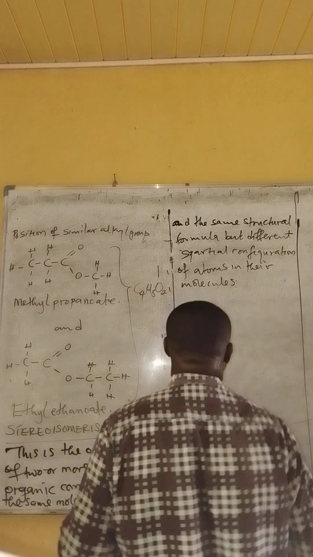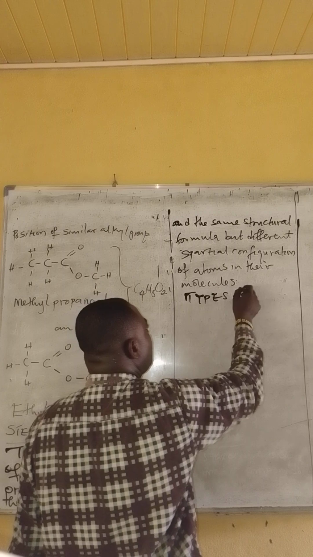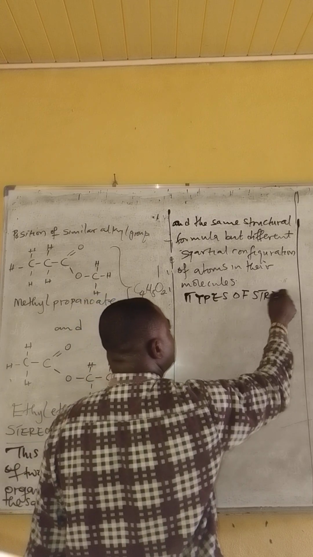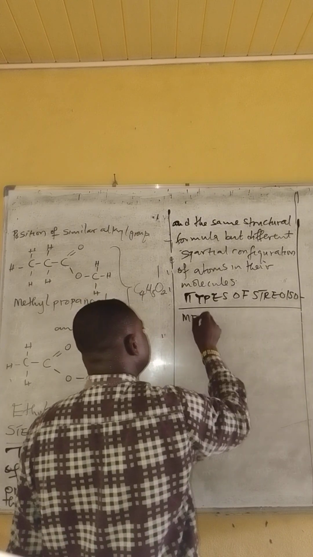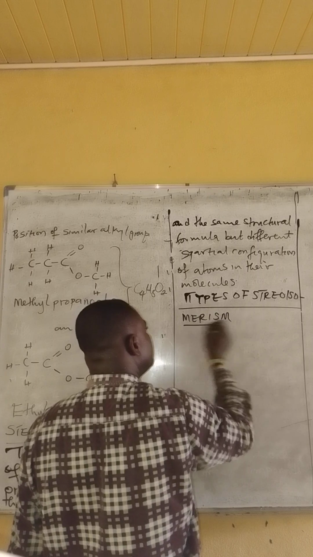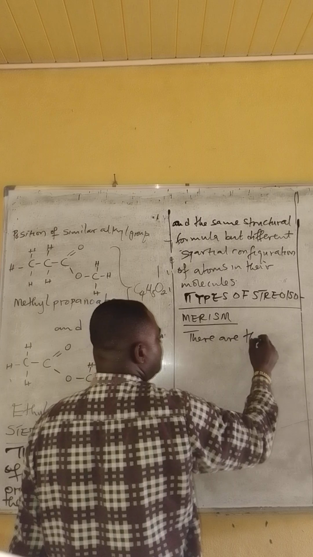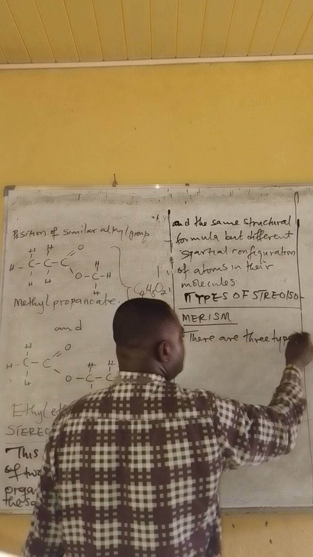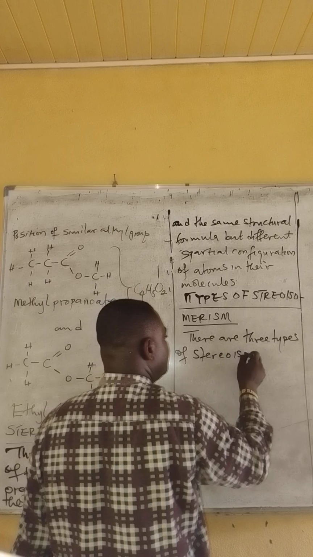Now let's look at types. Types of stereoisomerism. Now, there are three types of stereoisomerism.